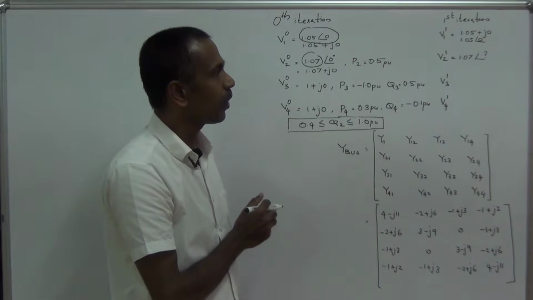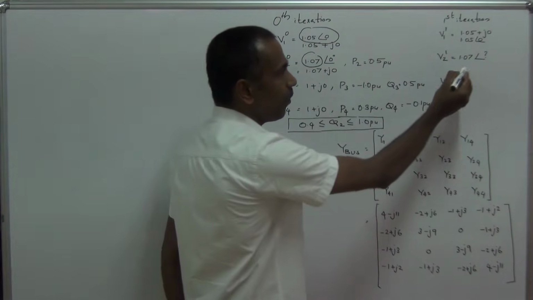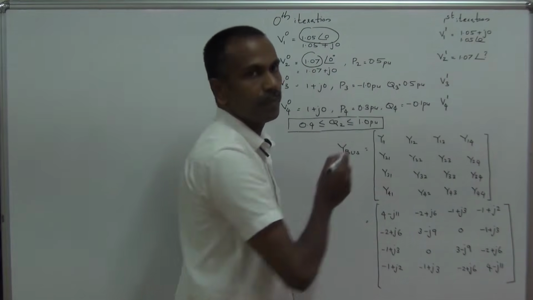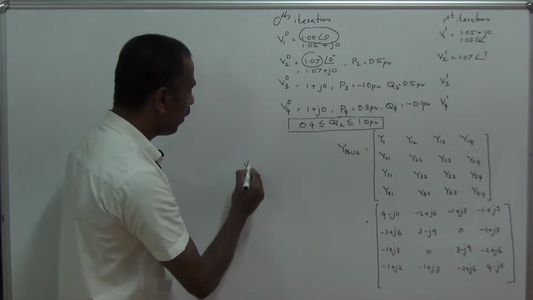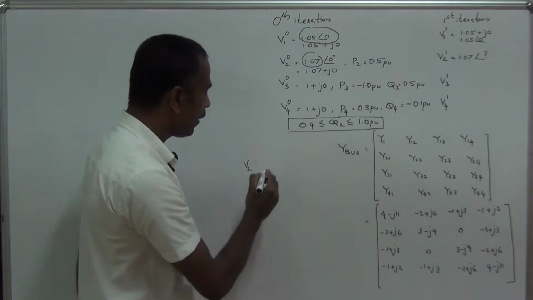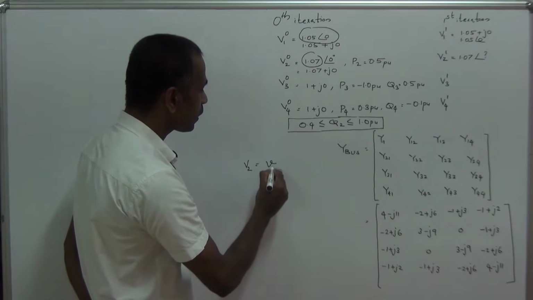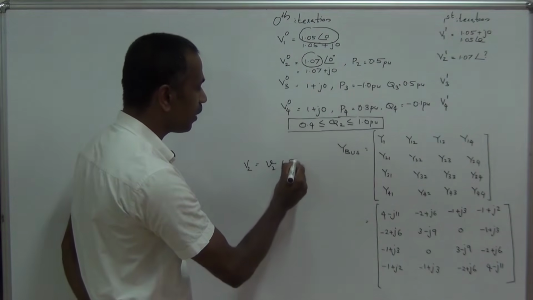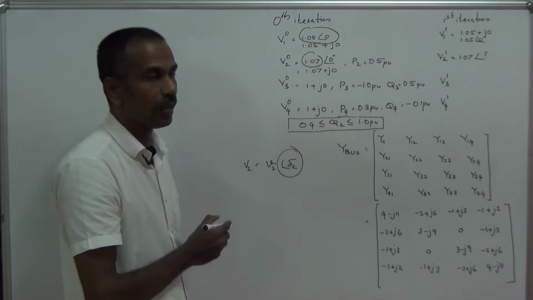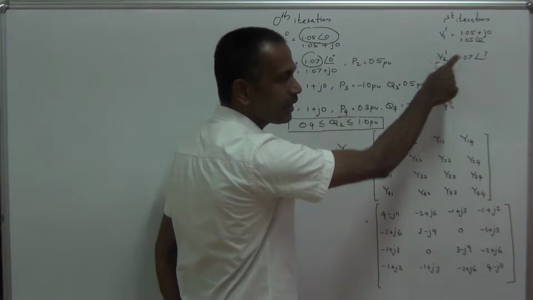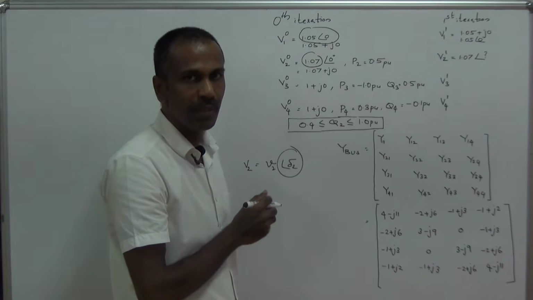We have to find out the voltages. Now we have to find out this angle delta of this second bus. In order to find out this angle, we will find out a temporary bus voltage V2. So V2 equals, we will get a magnitude and angle. From this, we will take only the angle delta 2 because the magnitude is already specified in the problem as it is a PV bus.